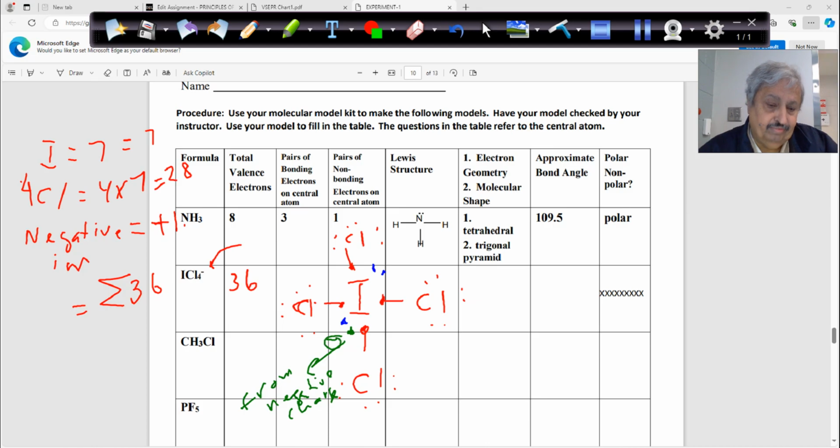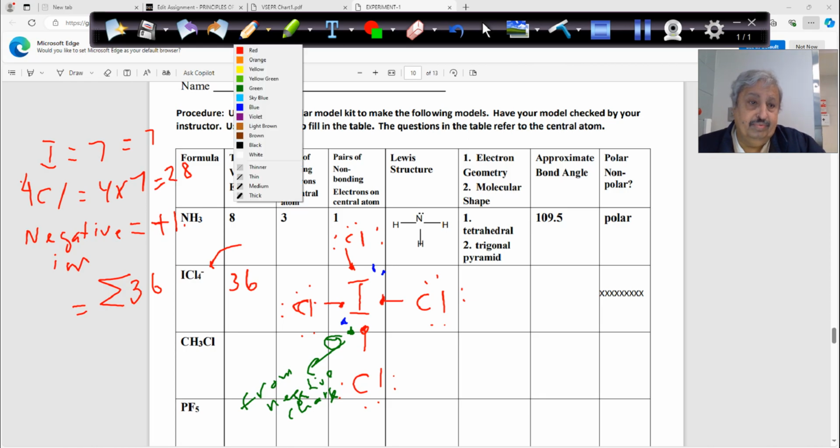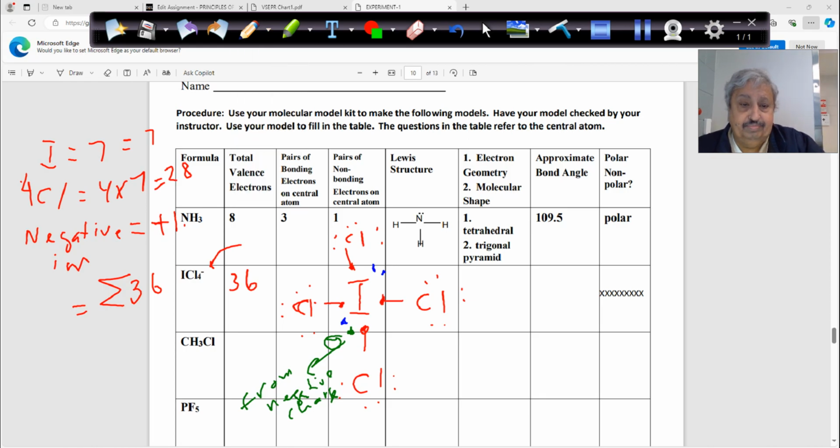Therefore, here's the negative. So this is the Lewis dot structure of it. So now let's do this one here together. There is no space for it, but we really need to know how many sets of non-bonding pairs. We have 2 sets, correct? One is here and one is here. 2 sets of lone pair, and 4 sets of single bonds.